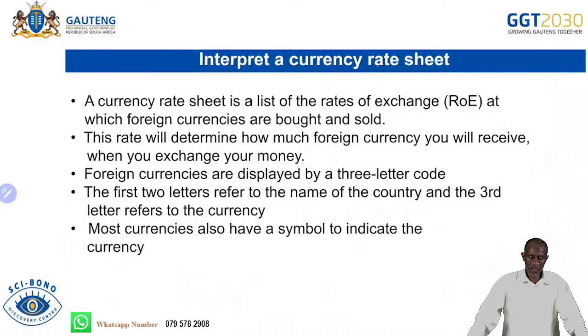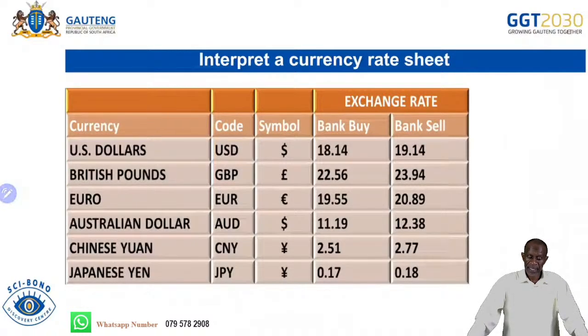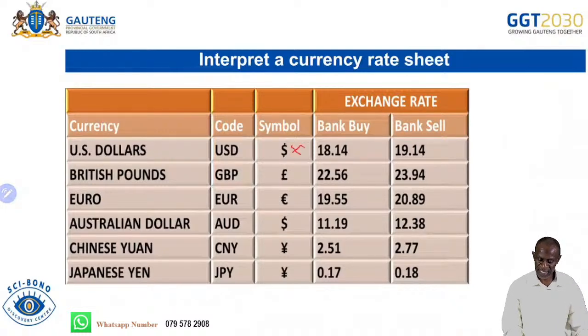Most currencies also have a symbol to indicate the currency. As seen on this table, for the United States of America, the name of the currency is the US dollar. The code is USD, and the symbol is as indicated here.